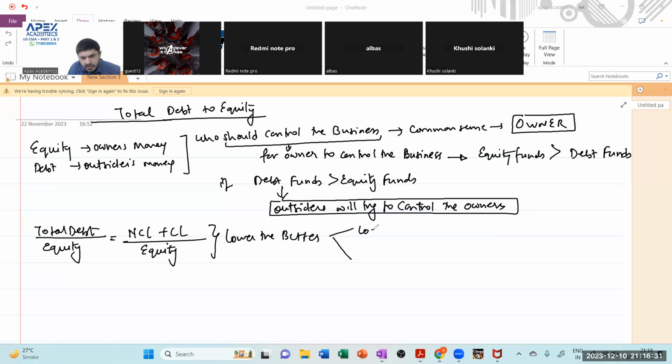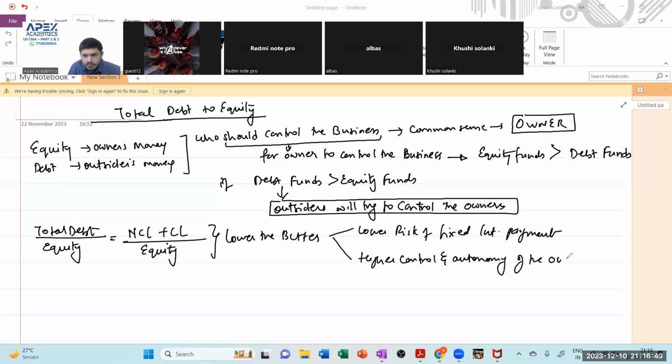First reason, lower risk of fixed interest payment. And second, higher control and autonomy of the owners of the company. Agreed or disagreed? Please tell me that. Do you agree with my statements?